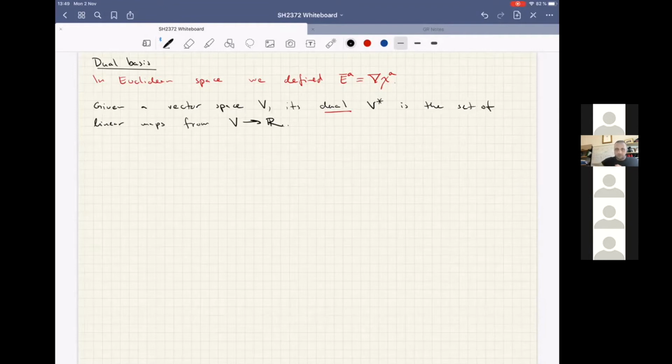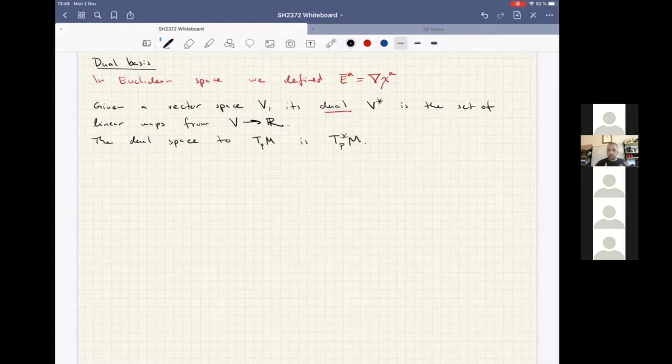So the dual space to this tangent space that we define, to TPM, is TP star M. So that's if I give you a tangent vector and I have an element of this T star PM, then it's going to give you a real number.